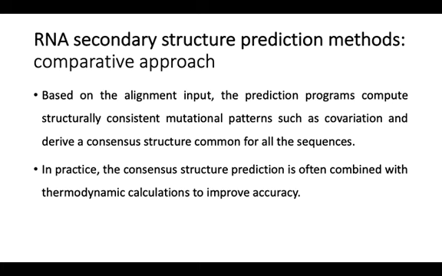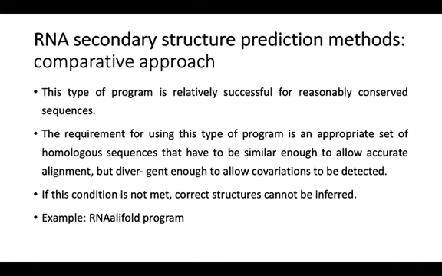In practice, the consensus structure prediction is often combined with thermodynamic calculations, which is kind of an ab initio method, to improve the accuracy of the structure prediction. This type of program is relatively successful for reasonably conserved sequences.